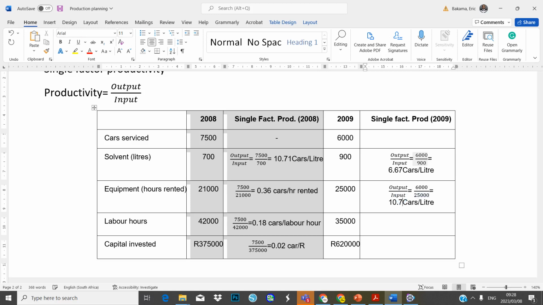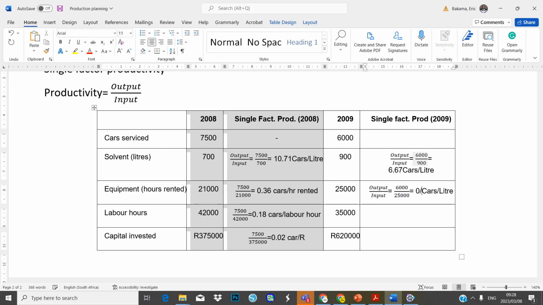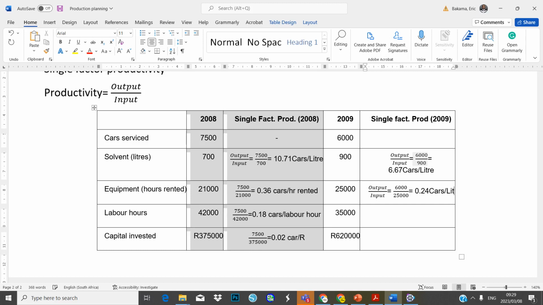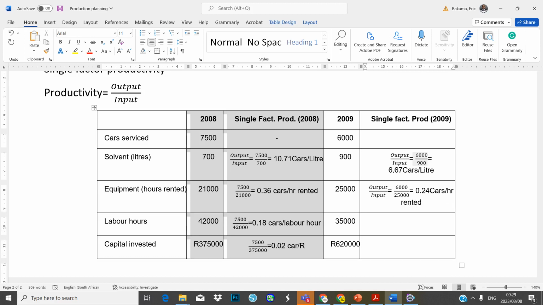This 0.24 is the number of cars being serviced per hour of whatever unit or equipment they were renting. As we look, there's been a little decrease: before they were servicing 0.36, now it's 0.24.